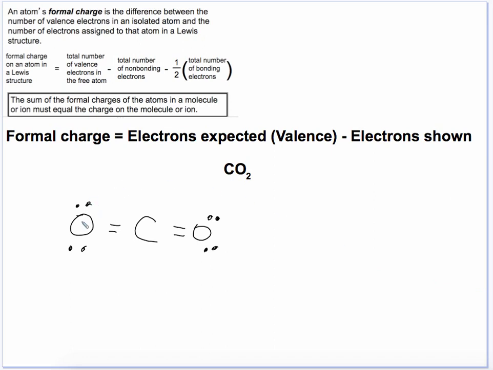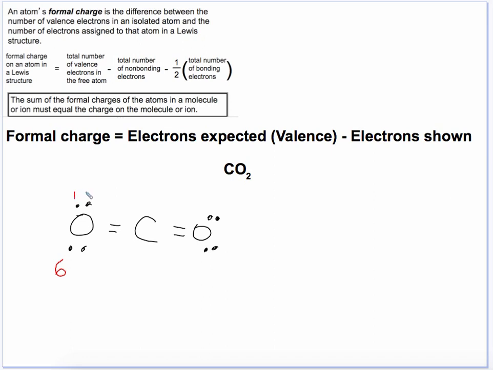So let's start with this oxygen right here. This oxygen has 6 valence electrons. You can look at the periodic table to figure that out. Now we're going to count how many electrons are being shown around this oxygen. We take the electrons expected, which is 6, those are the valence electrons, minus the electrons shown.